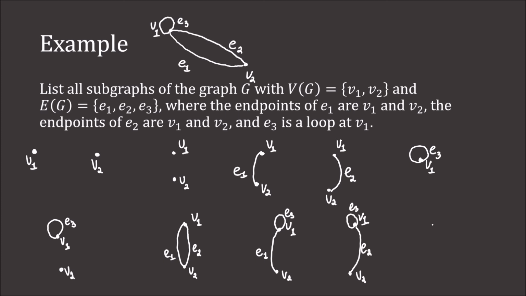And then, of course, the graph itself. So this gives us, should be a total of 11. 1, 2, 3, 4, 5, 6, 7, 8, 9, 10, and 11 of them.